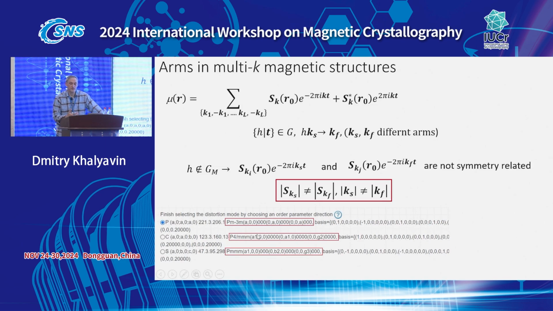And if there is no symmetry requirement, as we discussed, they will necessarily be different, and if your resolution is good enough, you will see it. I'll show you in real data that this is really the case. That is another piece of information you need to keep in mind if you want to understand whether you are dealing with single-K or multi-K structures.